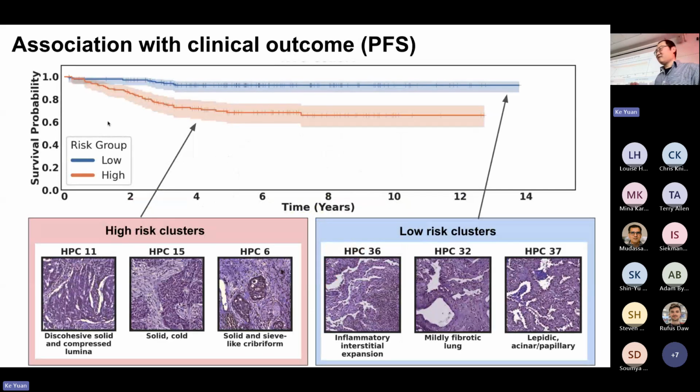The nice thing about those clusters is they're very easy to test in a zero-shot setting. When you have a new population or a new cohort, you can easily assign the tiles from the new cohort to those clusters. We find those clusters are immediately predictive of progression-free survival.